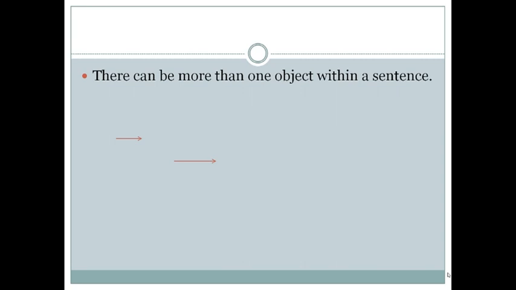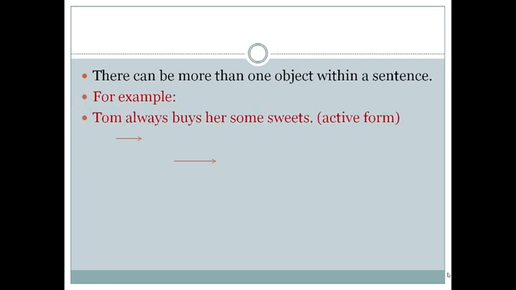There can be more than one object within a sentence. For example, Tom always buys her some sweets. This is an active form. Her is the object of the sentence.